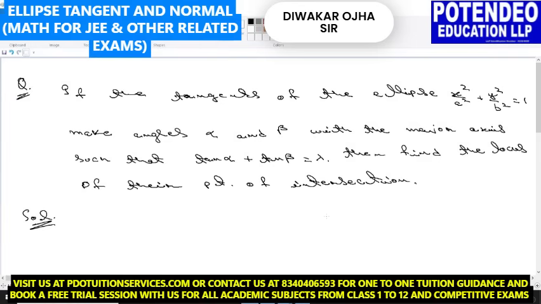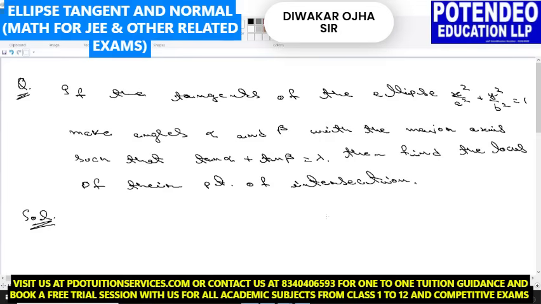M1 plus M2 means, from the quadratic equation, is it 2x1 y1 divided by x1 square minus a square? Yes, correct.